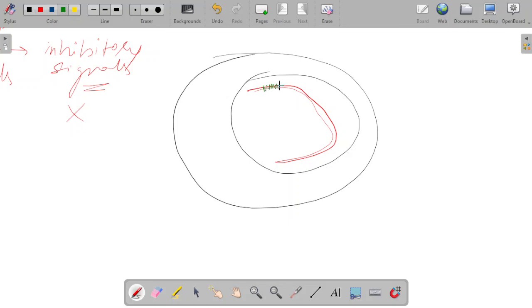Just suppose these are one group of genes, these are another group of genes, and these are another group of genes. Fine. Whenever this gene is stimulated, the cell undergoes proliferation.